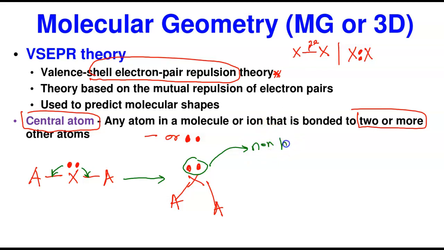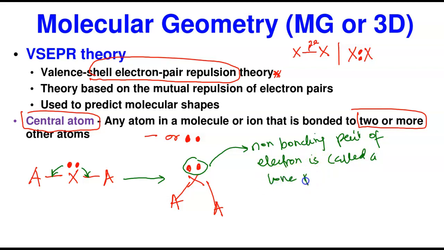This non-bonding pair of electrons is called a lone pair, or LP of electrons. And in fact, it is the lone pair that brings about a change from the two-dimensional name to the three-dimensional name of these molecules, as we're going to see as we move on.